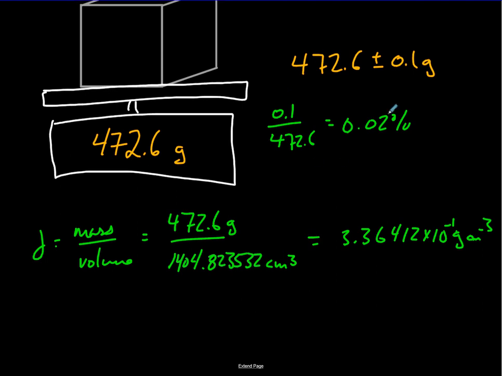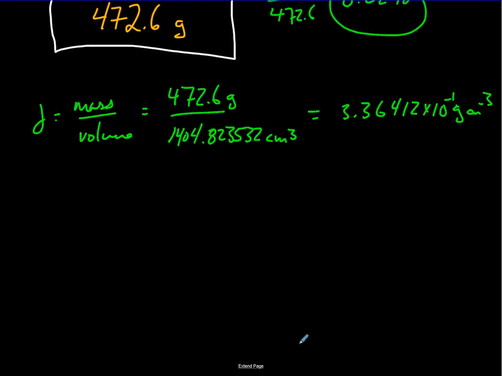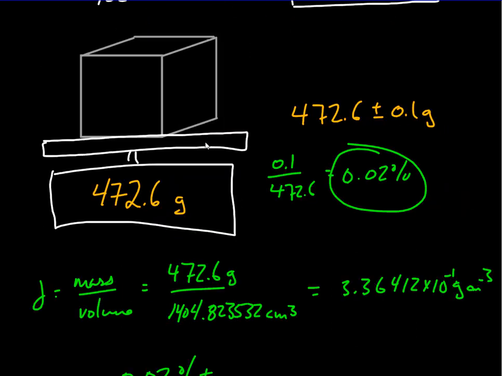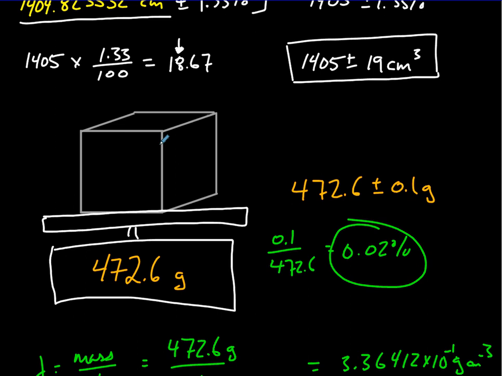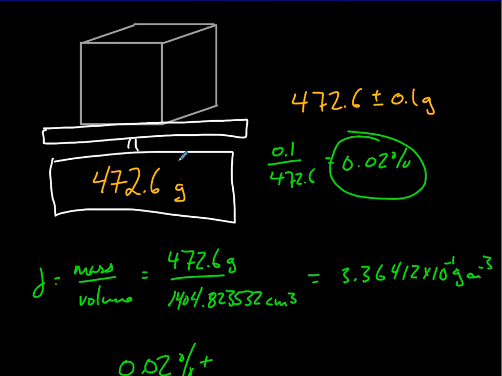Now we have to add the percentages of uncertainty onto each other and tack it onto my value that I have.